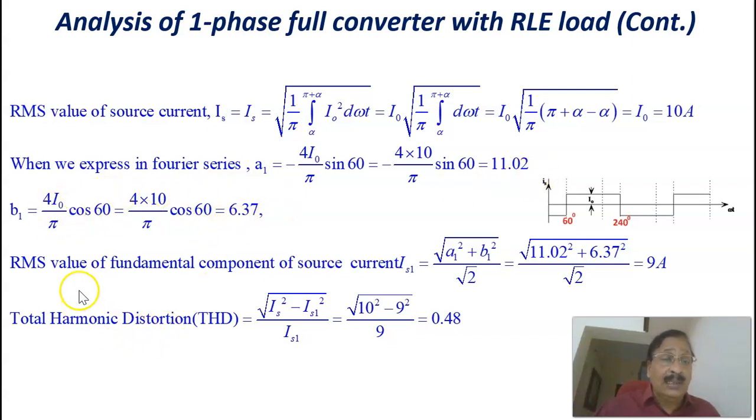Then the RMS value of the fundamental equals the square root of A1 squared plus B1 squared, divided by root 2, which equals 9 amperes. The total harmonic distortion is given by the square root of Is squared minus Is1 squared, divided by Is1, and substituting that, we get 0.48, or total harmonic distortion equal to 48% in this case.